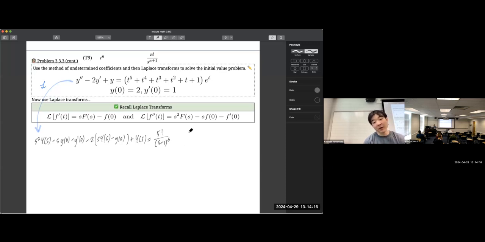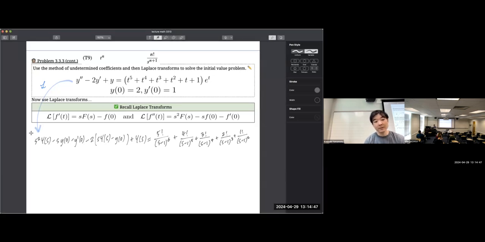The same idea applies for all of these. So it'd be 4 factorial over s minus 1 to the 5th, and then 3 factorial over s minus 1 to the 4th, plus 2 factorial over s minus 1 to the 3rd, plus 1 factorial over s minus 1 squared.